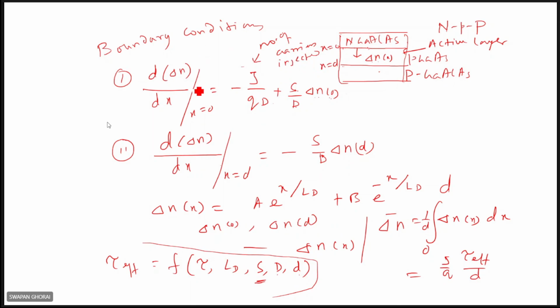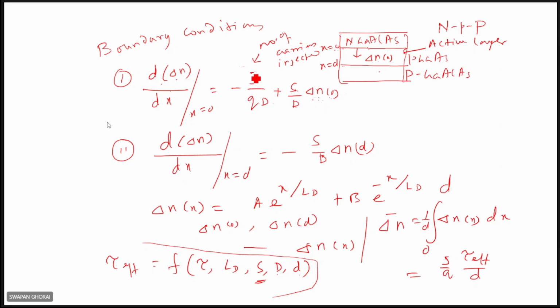What are the boundary conditions? You see it here. The first one is at x equal to 0. At x equal to 0, it is d of delta n upon dx at x equal to 0. That means the variation of delta n with respect to x will be j by qd minus or plus s by d delta n is 0.